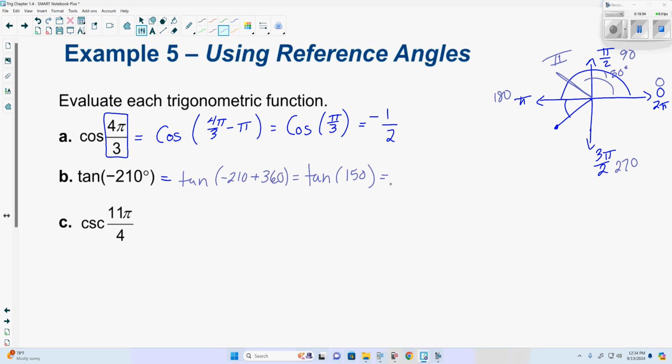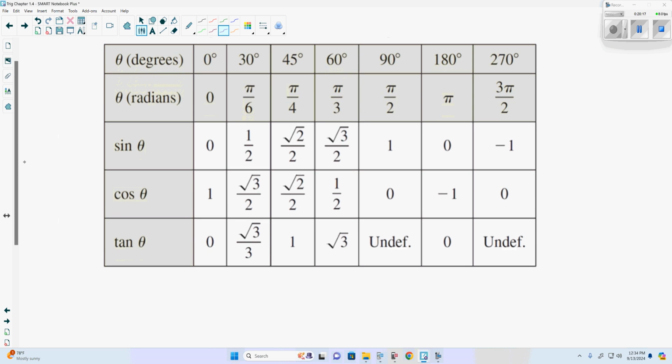So we have to take our 150 and subtract it from 180. So we'd have 180 minus 150, which is telling us we're looking at tangent of 30. Let me go back here.